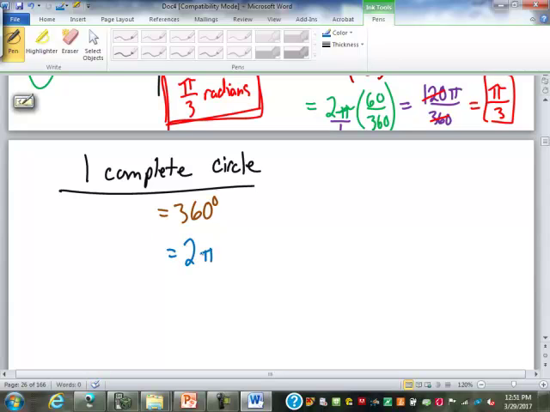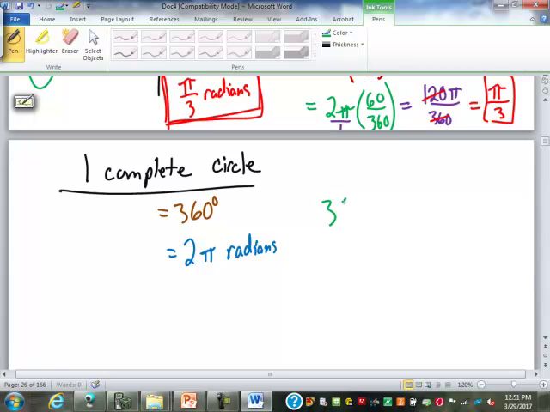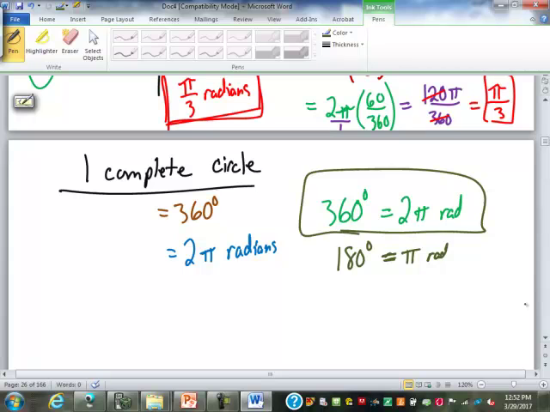That's the whole distance around. So what that's telling us is 360 degrees is equivalent to 2 pi radians. Some books will actually divide out the 2, and they'll write it as 180 degrees is equivalent to pi radians, which is fine. It's probably a little easier to use. I always remember it as a complete circle is 360 and 2 pi.